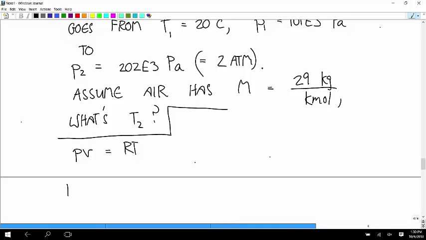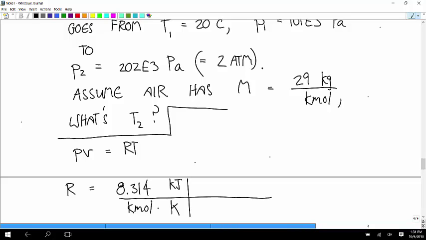We can calculate R. That's equal to 8.314 in units of kilojoules, so I'm going to write it out as kilojoules over kilomole times Kelvin, divided by 29 kilograms per kilomole.